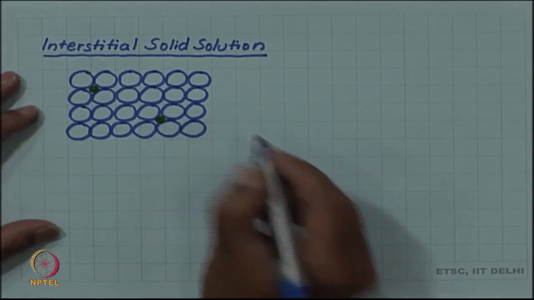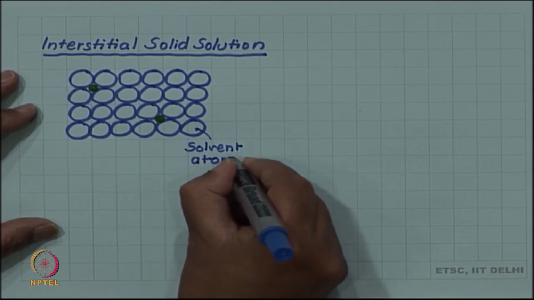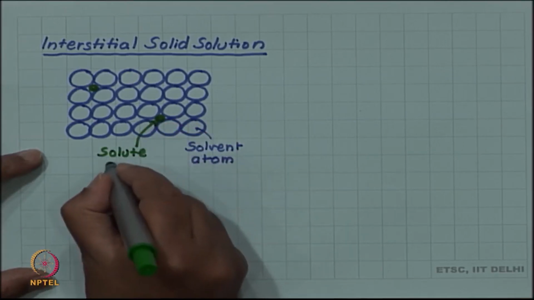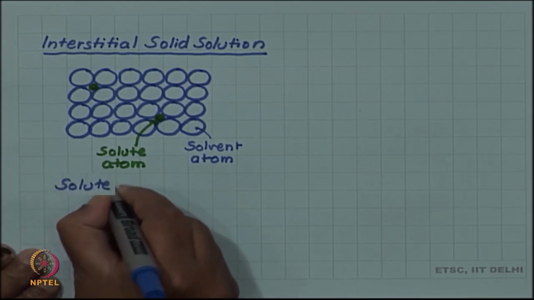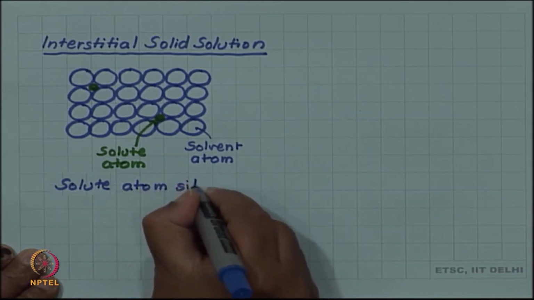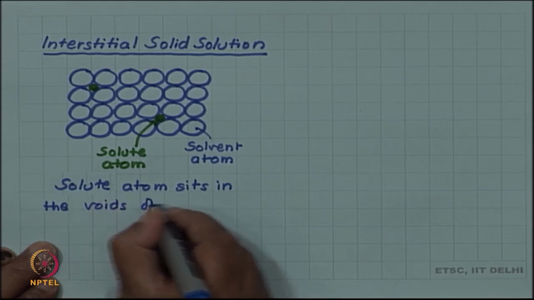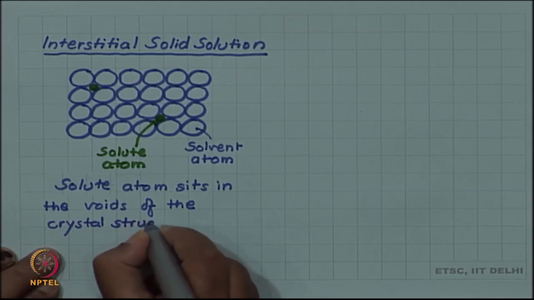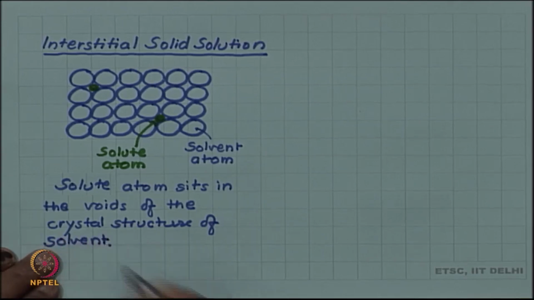I will call this a solvent atom, and I will call this a solute atom, and you can see that the solute atom sits in the voids of the crystal structure of solvent.